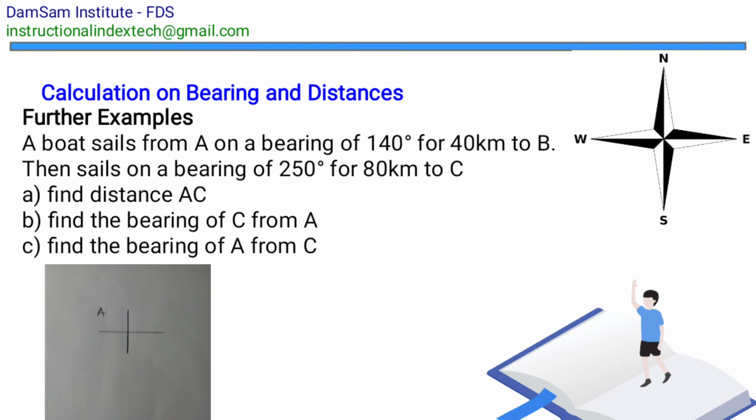We first have a point A. This is point A, and that bearing of 140 degrees will come in that direction for 40 kilometers.